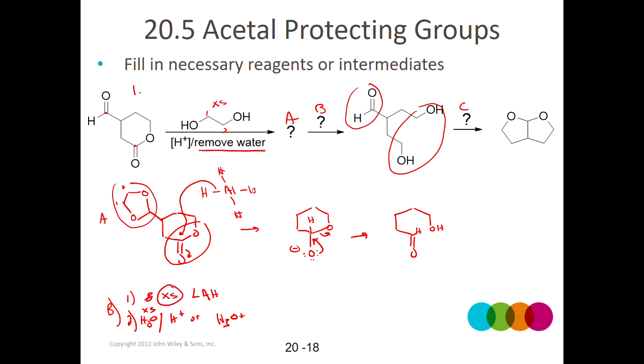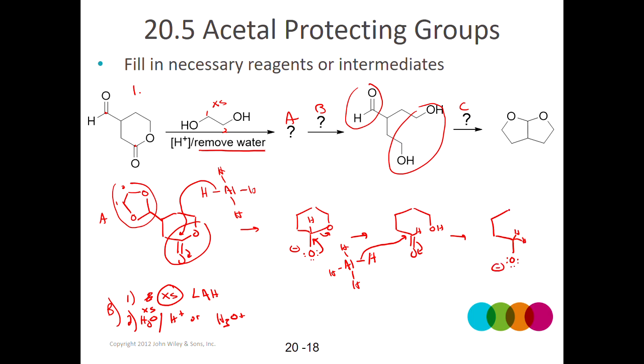So we need excess LAH because another hydride is going to come free from the aluminum and push these electrons out. So this part of the structure, I have 2 hydrides delivered to it. It's going to give me a negative oxygen.